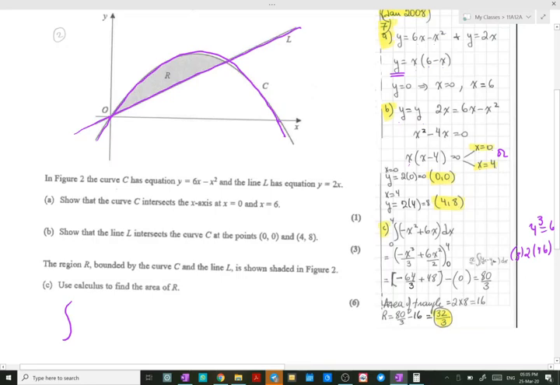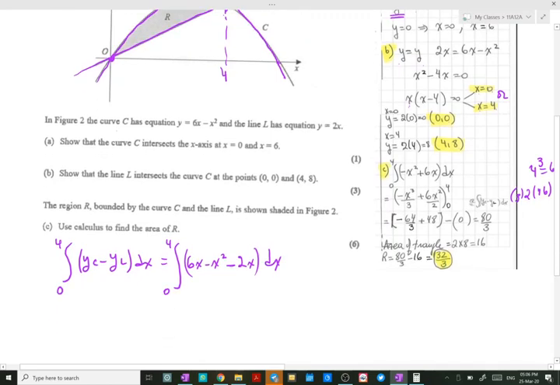So yC minus yL dx, and the bounds here are 0 and the x of the point of intersection, which is 4. So this is equal to integrating from 0 to 4 the equation of the curve, 6x minus x squared, minus the equation of the line, 2x, dx.